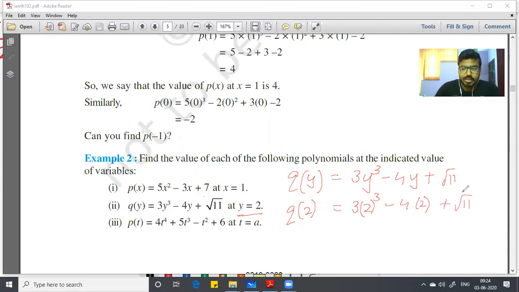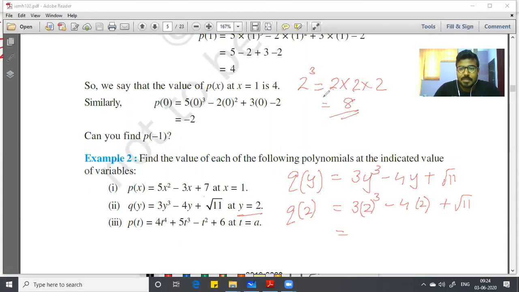Now look here, 3 into 2 cube. You have to understand 2 cube first. 2 cube means 2 into 2 into 2. 2 2s are 4, and 4 2s are 8.